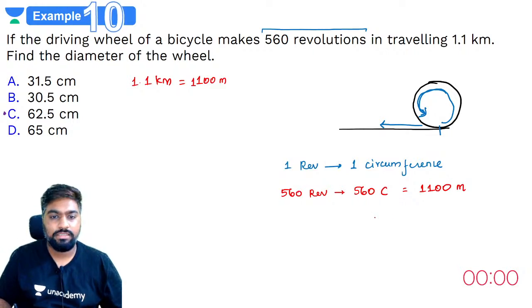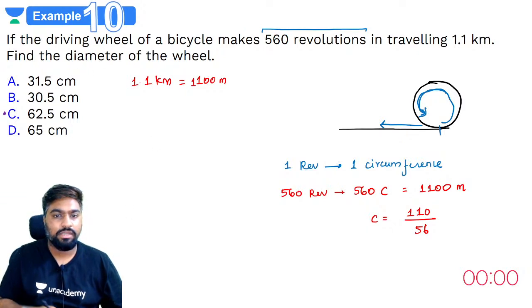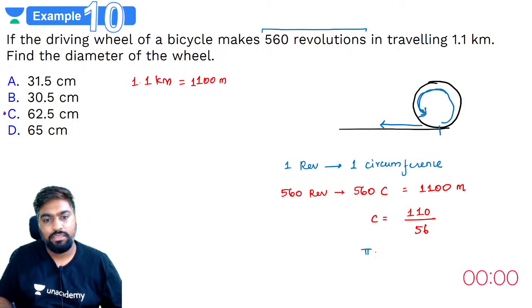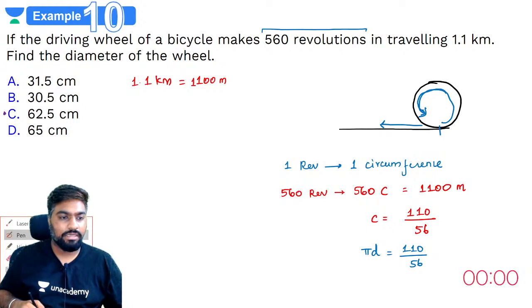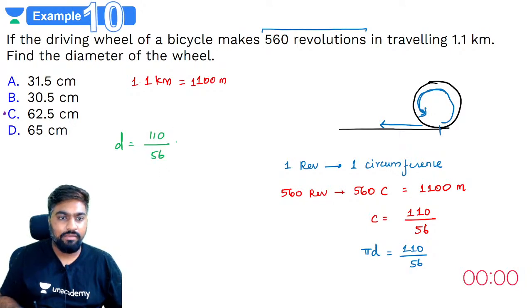So with this you will get the circumference. Circumference is what? 110 by 56, or if you open it up, because we are looking for the diameter, circumference is what? Pi times d. Pi times d is 110 by 56, or you can get the diameter directly. Diameter is what? 110 by 56 divided by pi, which is 7 by 22. So this is once, this is 8 times, this is once, this is 5 times.